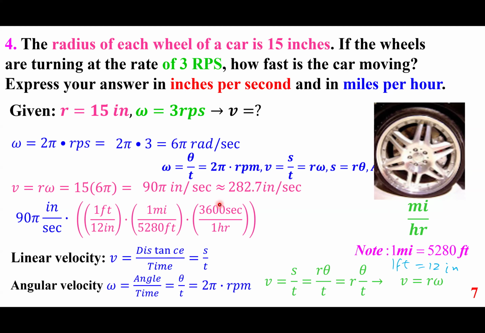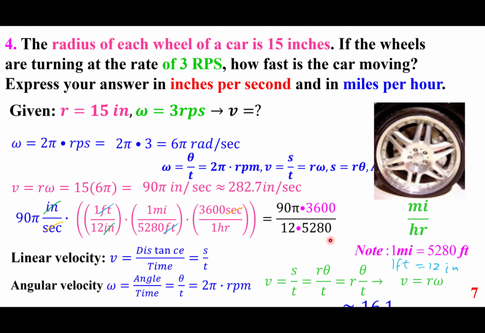Now, notice what happens as far as the units are concerned. This one cancels out this one. This one cancels out this one. This one cancels out this one. So as far as the units are concerned, you have miles per hour. As far as the numbers, the numerator is 90 pi times 1 times 1 times 3,600. The denominator is 12 times 5,280 times 1.